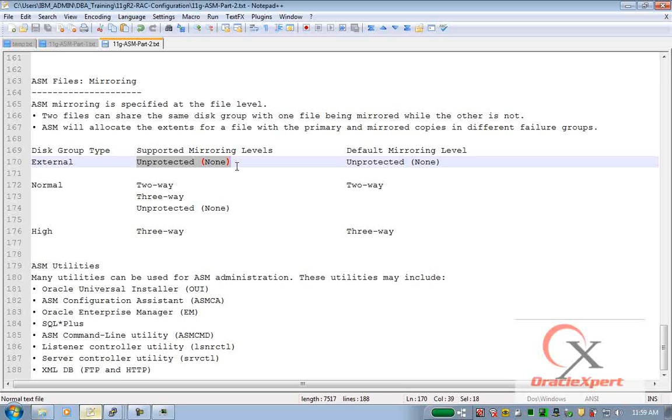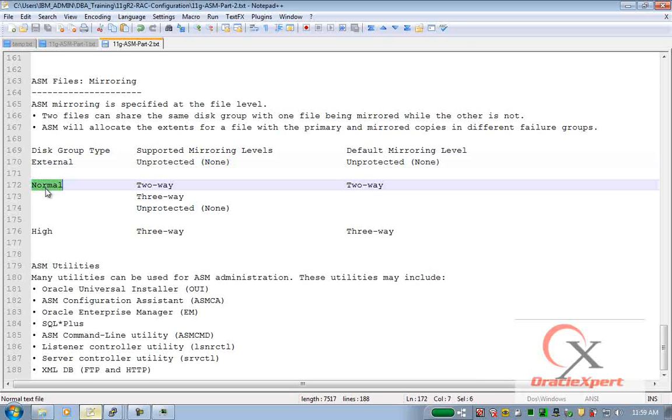So if I create a disk group dgext of the redundancy style external, then no file will be redundantly written. That is the supported mirroring level. Anything that goes on this disk group is purely at the mercy of the underlying hardware protection, if at all it is there. If it is not there, even if a single disk fails, the entire disk group fails. The default mirroring level in that case is unprotected.